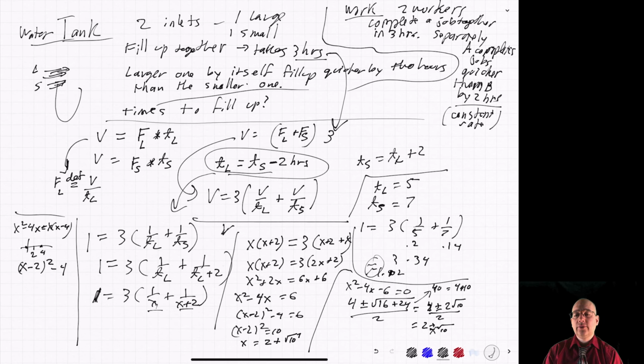So if it takes one person 6 hours to get through a bit of work, so that's 1/6 of the work per hour, and then somebody else gets through the work in 4 hours, so a quarter of the work per hour, if you have them both working on the same thing, it's 1/6 plus 1/4 in terms of what they get through in the hour. So they're additive in just the same amounts.